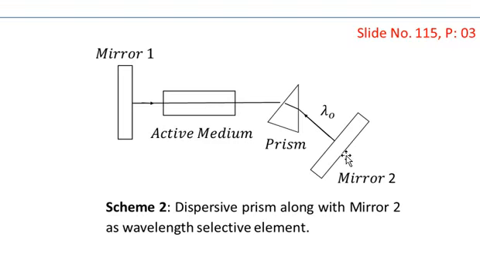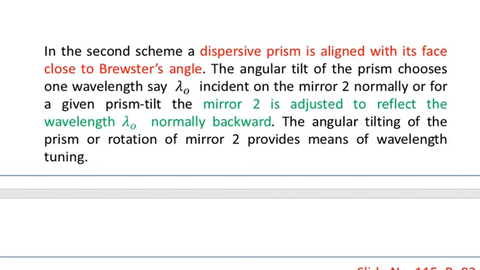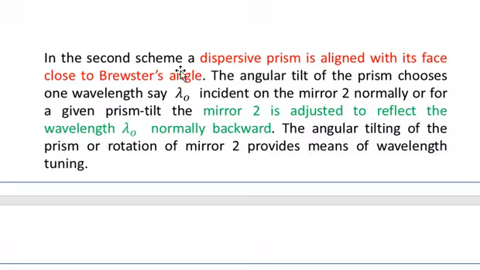This prism along with mirror 2 provides a means of tuning, or selecting a desired wavelength. The description is given in this paragraph. In the second scheme, a dispersive prism is aligned with its face close to Brewster's angle.